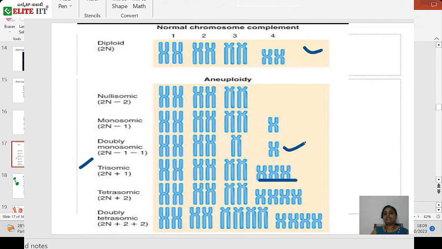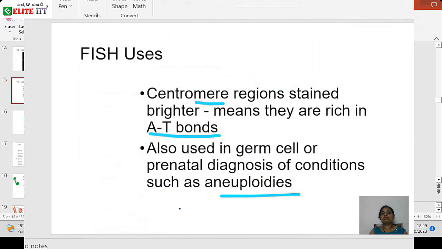Whereas in doubly monosomic, here one, it should be double, here also double. Monosomic means only one is present. So in one set you will find either less than two or greater than two. That is abnormality. It should be in pairs, especially for the human being.